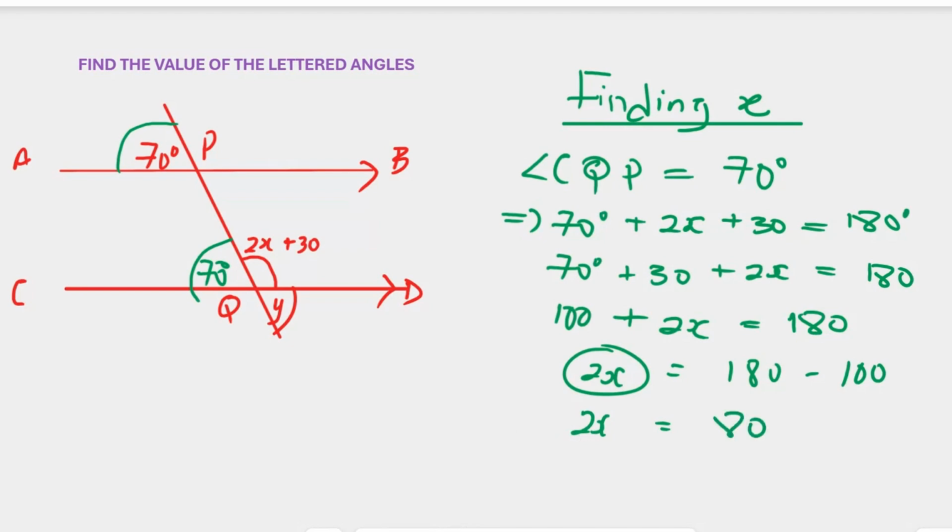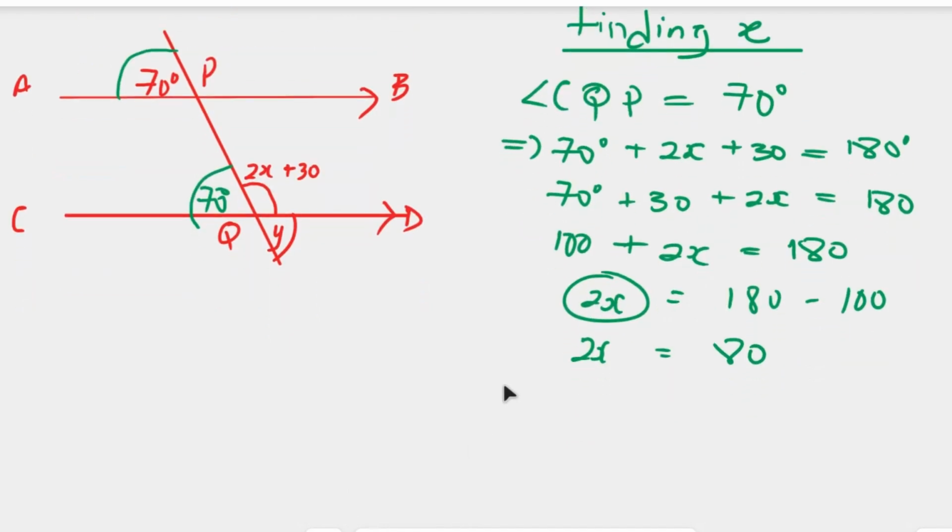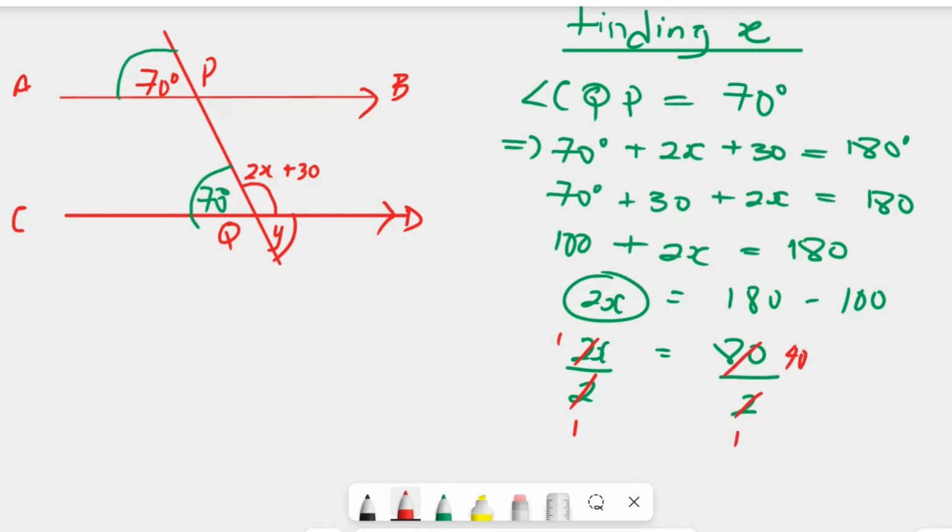We find the value of x by dividing through by the coefficient of x, which is 2, on both sides. 2 goes into itself one time, and it goes into 80, 40.